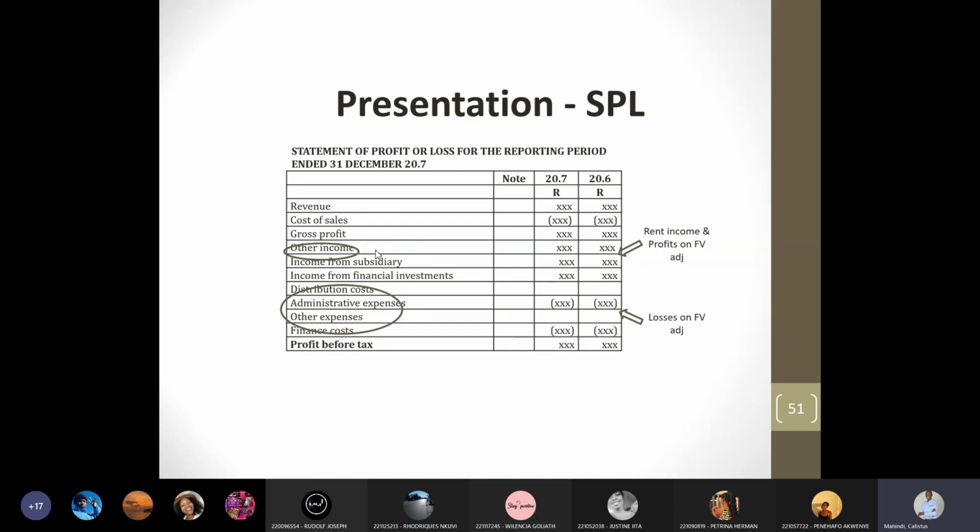And this is particularly where the investment property is not the main form of business. So the rental income will be shown there as part of other income. And as part of other income, you will also include profits on fair value adjustments.